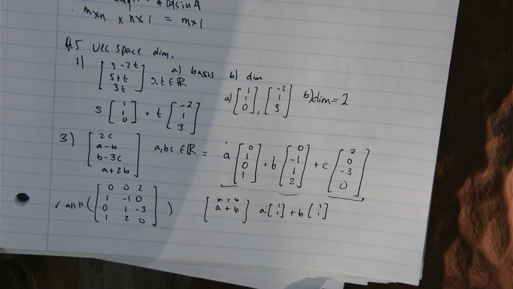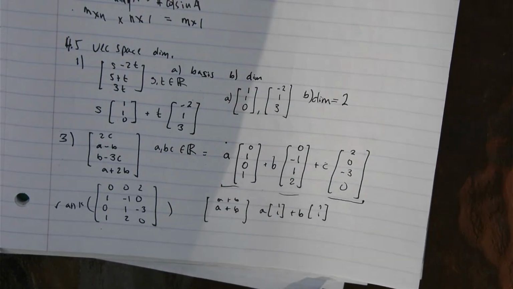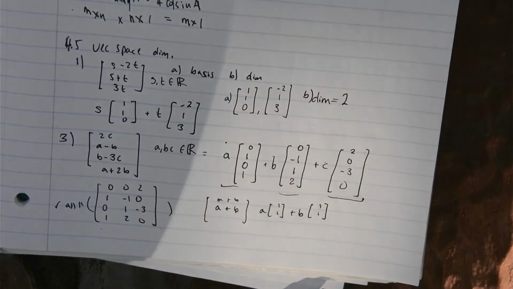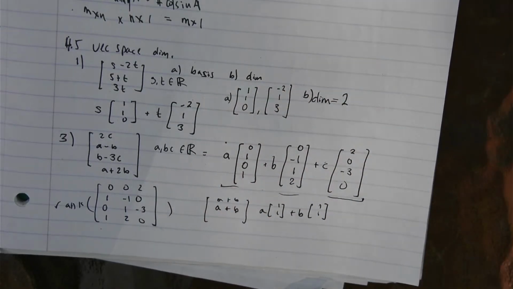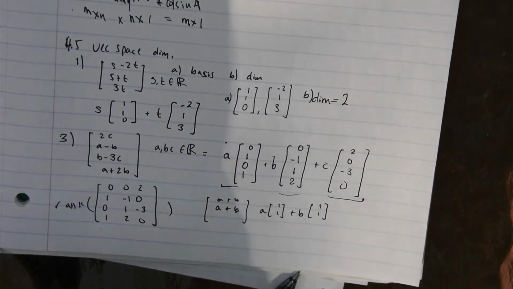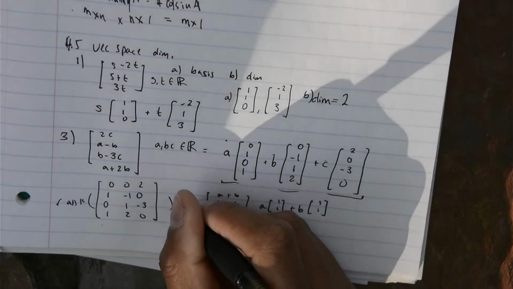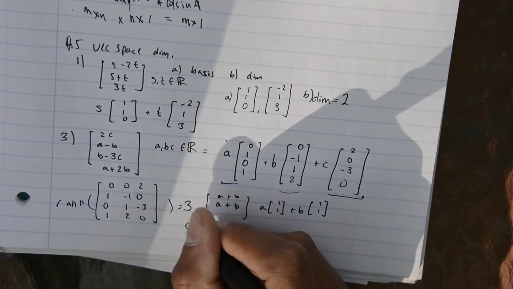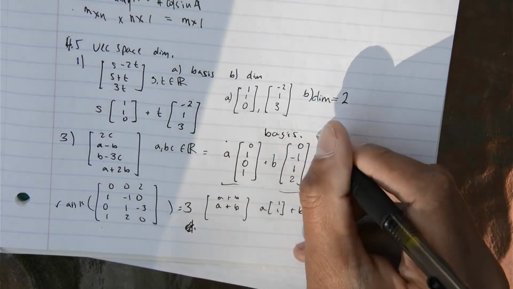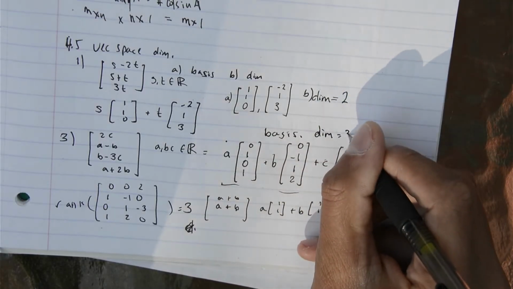So you can't just do that. All right, so in that case, I'll just transcribe it. I think it is though. Okay, so the dimension. First off, this is a basis. Dim equals 3. Okay, great.